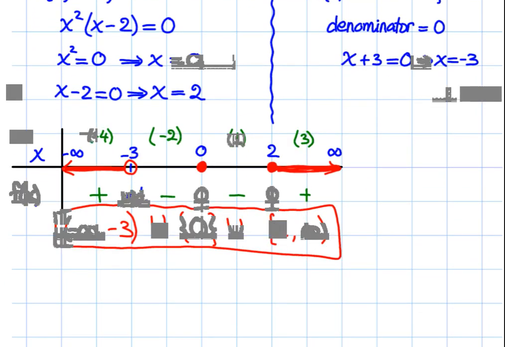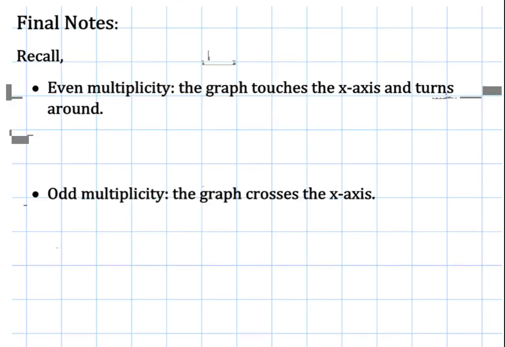One final note. We have this back in a previous section. Even multiplicity, the graph will touch the x-axis and then turn around. So if we have the x-axis here and there is a 0, even multiplicity, it will touch and then turn around. Or it could be the other way. Regardless, both of them will be on the top or both of them will be at the bottom.